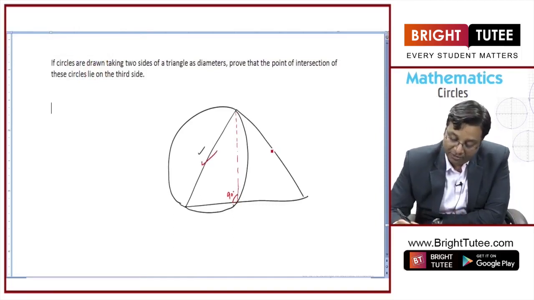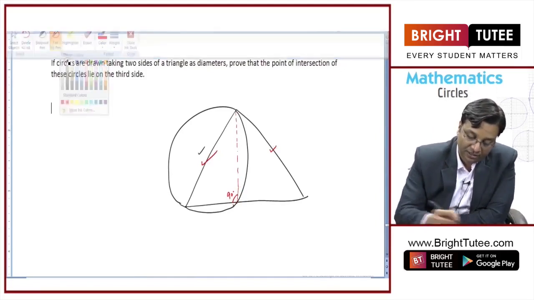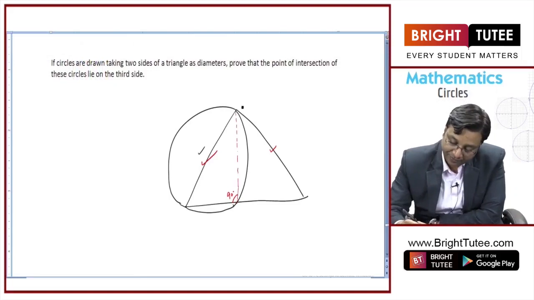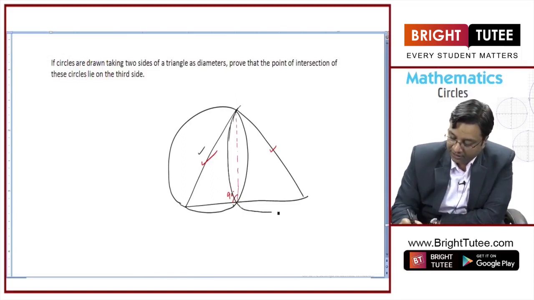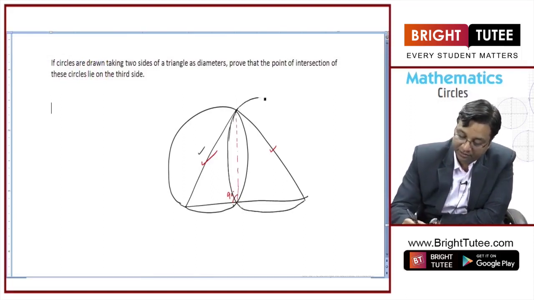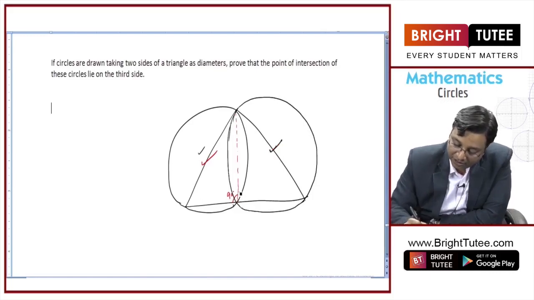Okay, let me now take this as another diameter and draw another circle here. Taking this side as diameter, what will be this angle? This angle will also be 90 degrees.